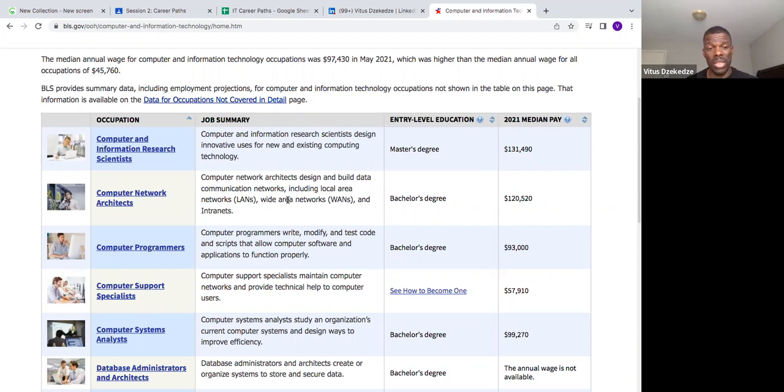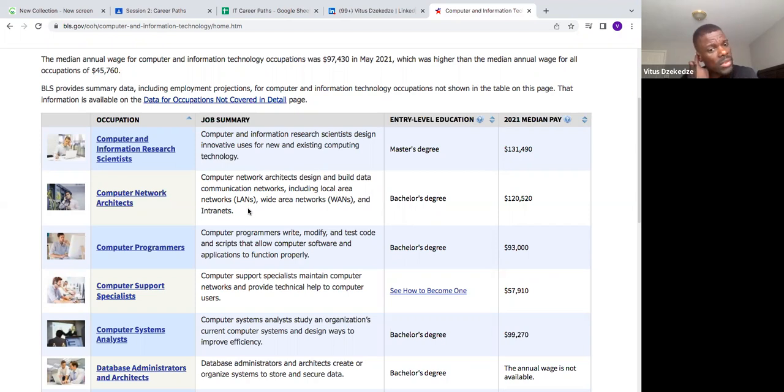In other cases, it might be a big institution. So if Microsoft wants to create an office in Yaoundé, they're going to need a network architect to go and draw a network layout. It will be a wide area network or a local area network, and that's it, their job is done. And then someone else goes and does the installation.